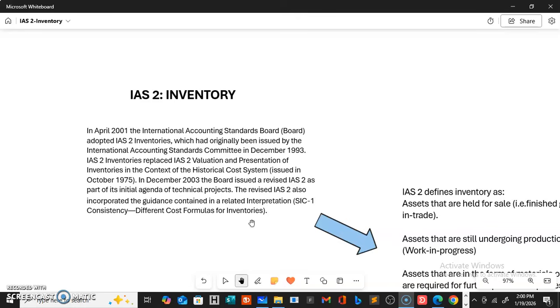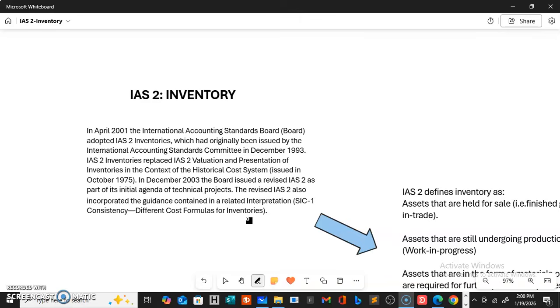And in December of 2003, the board revised this standard to meet up with current standards in business, okay?